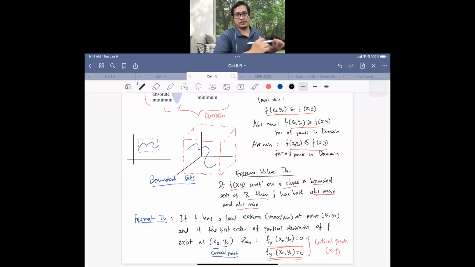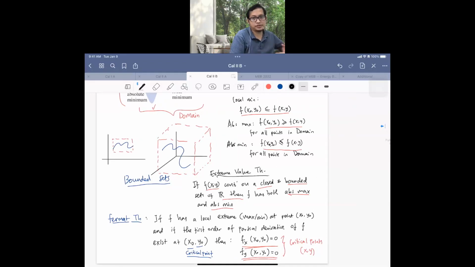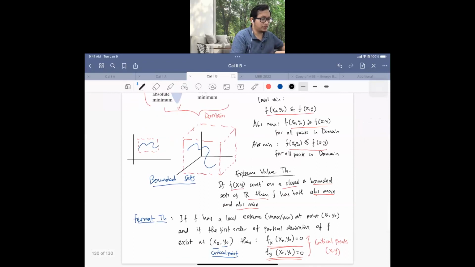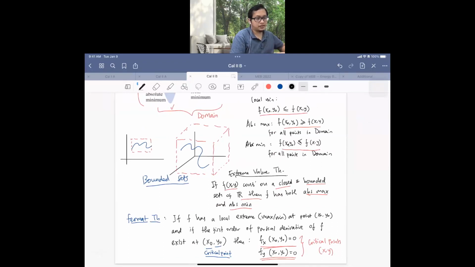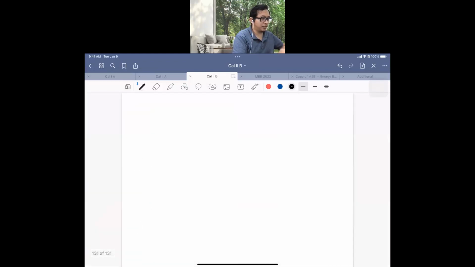Okay, let's go back to the lecture. So the Fermat theorem. If we go to some example to imagine how this works, the extreme value theorem is actually not too complicated as you might think.